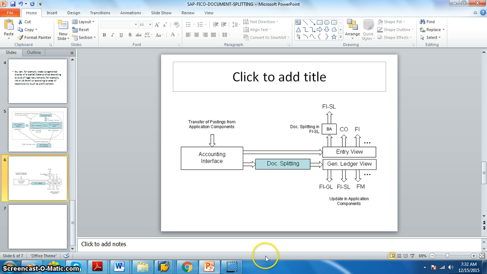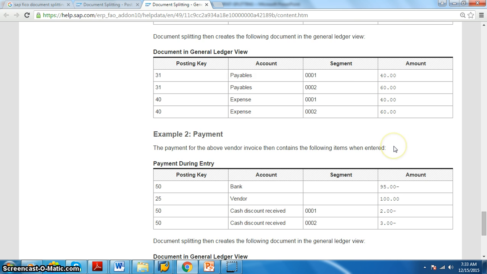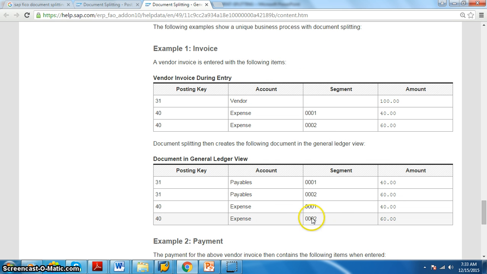Here we are taking an example. A vendor invoice is entered with the following items. So where do we create a vendor invoice? F-43. So here we have a vendor invoice during entry. We are entering these things during entry, and then after document splitting is applied, it is going to segregate.